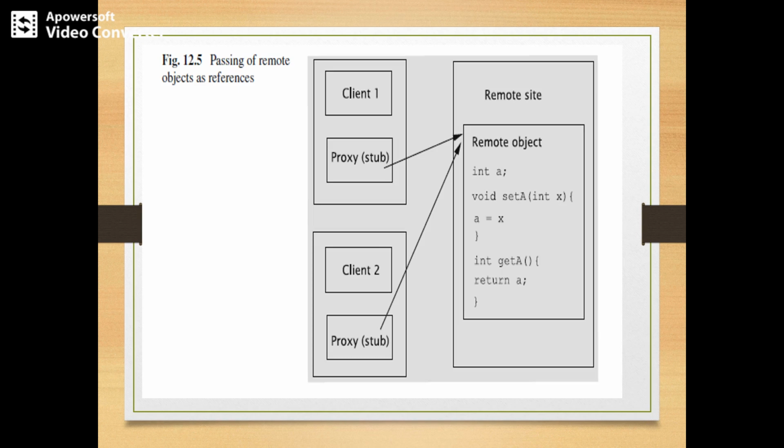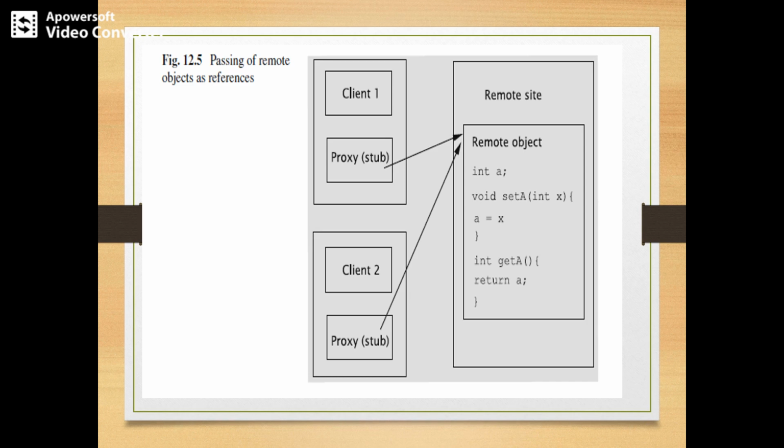So this is the diagrammatical representation of passing remote objects as references. Remote objects are thus passed by reference. We can see this in this diagram, where we have a single remote object that is being accessed from two clients.